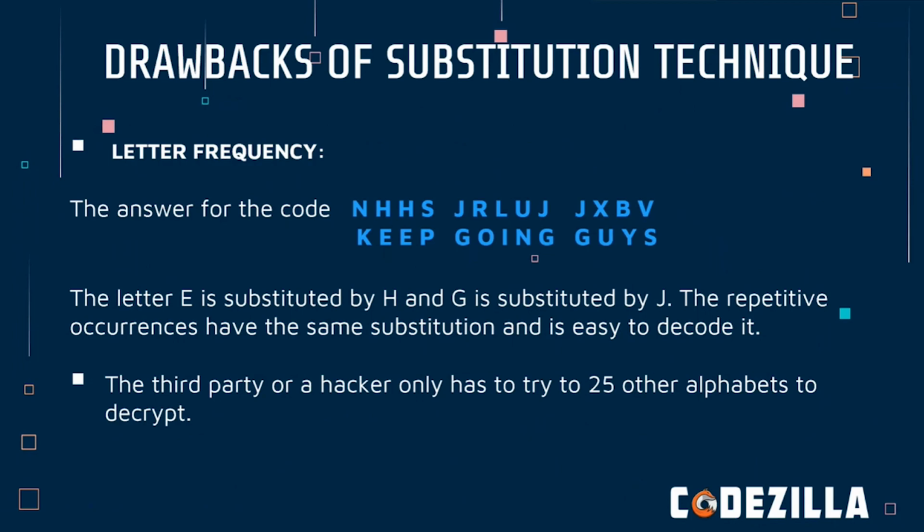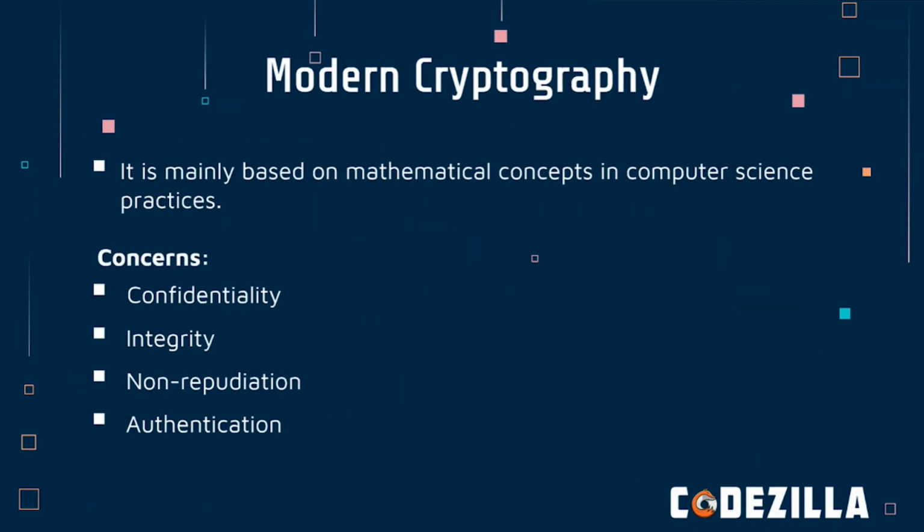This makes it easier for a third party or an unintended person to decode it. And also, even if the hacker is clueless, he could brute force it with the other 25 alphabets, which is another risk. The field of cryptography has expanded and evolved to have various techniques, making it more complex and harder to decode.